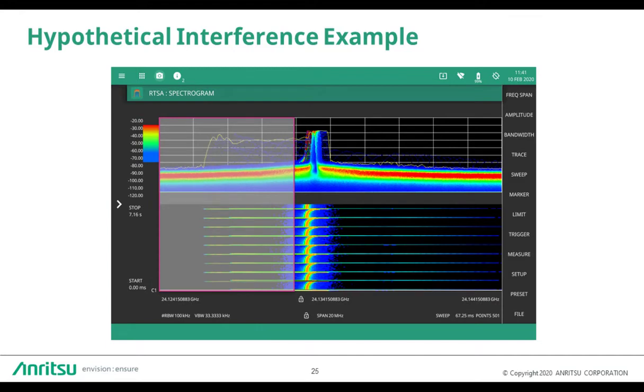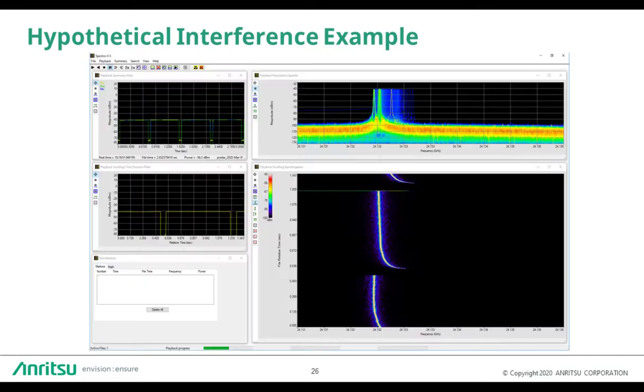But first let's say you look at it in an RTSA type of environment, and you start to see, wait, there's something else going on here. So you capture that IQ data, and with the capturing of the IQ data, you now have the ability to take it and play it back in more granularity than you had before.